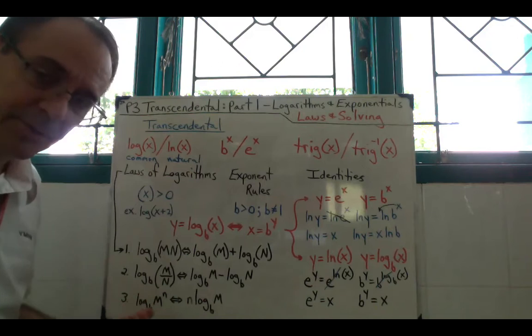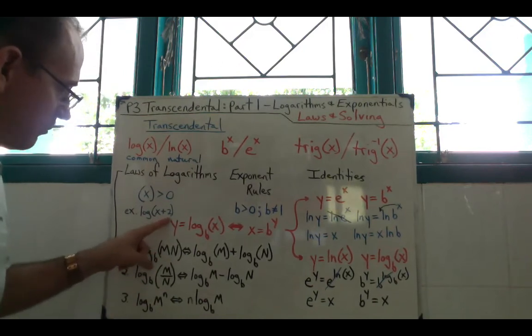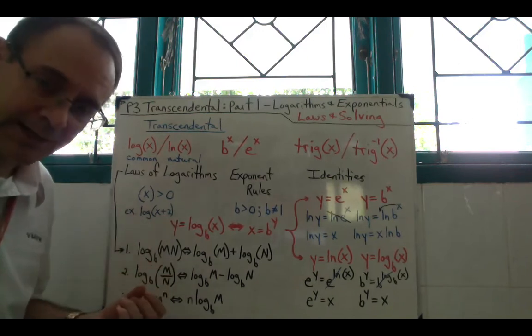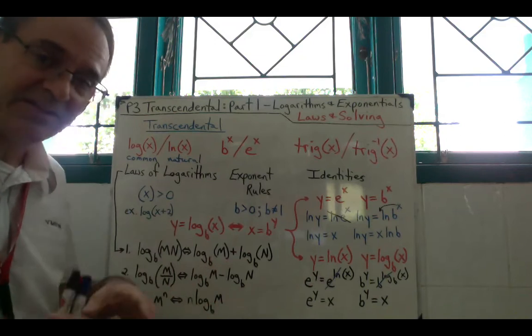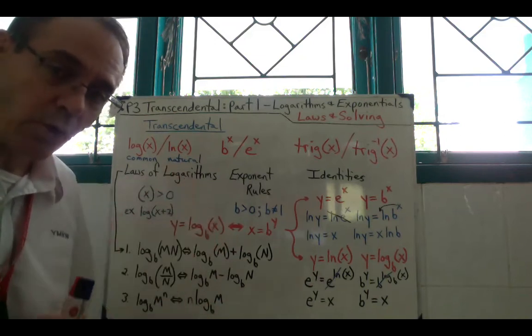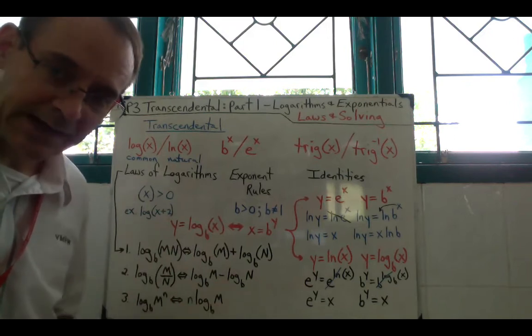It is even possible to have an x value of negative 1 because negative 1 plus 2 is still positive 1. So it's not that x cannot be 0 or negative, it's that the argument as a whole, the value of that argument, cannot be 0 or negative.